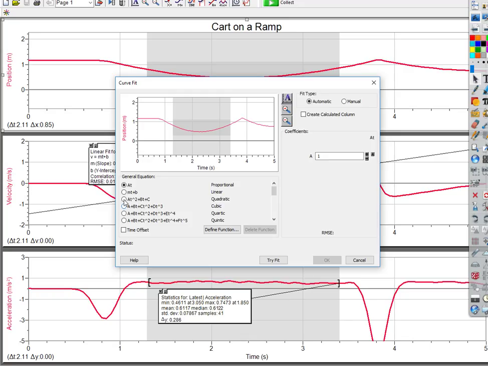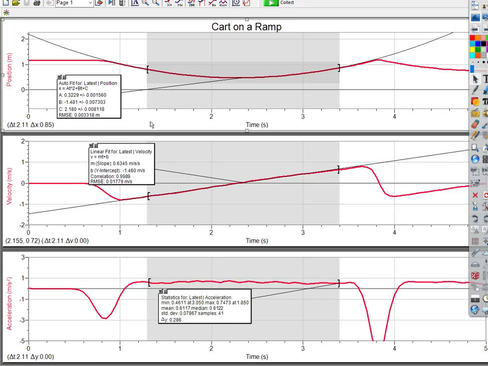That's standard form for a quadratic function. Fit type, automatic. Hit try fit. And it gives me, where did it show up? Oh, right there. Okay, we'll keep that.